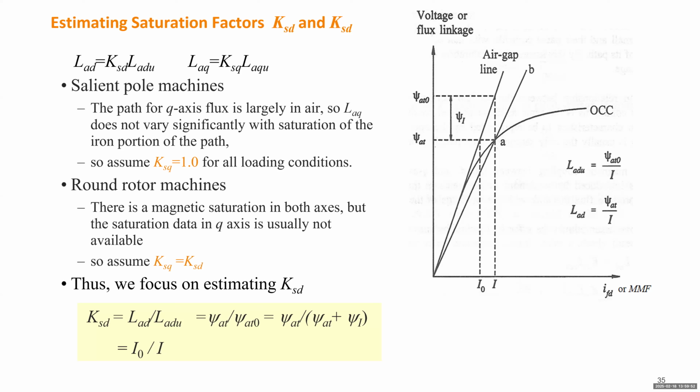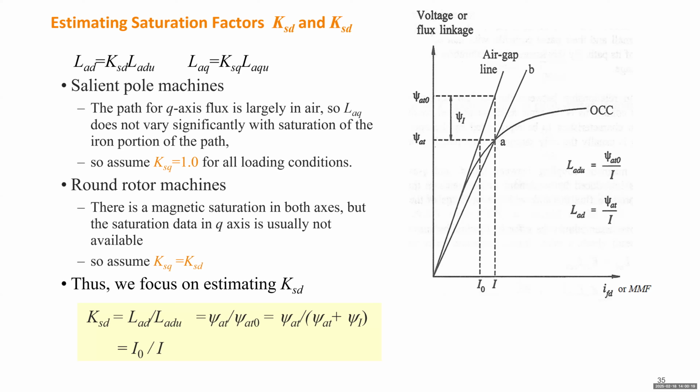So there are a number of ways you can estimate the factor. First, if you know the inductance L_AD and the L_AD without saturation, that would be the ratio by definition. Second, if you know the actual characteristic and compare it to the straight line without saturation, by knowing this gap you can utilize this formula to calculate the factor.